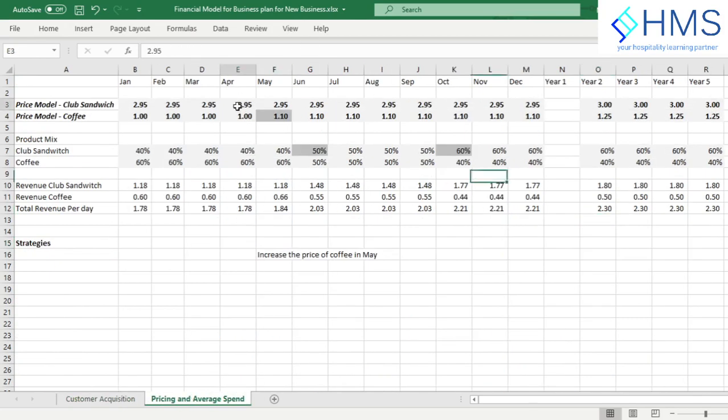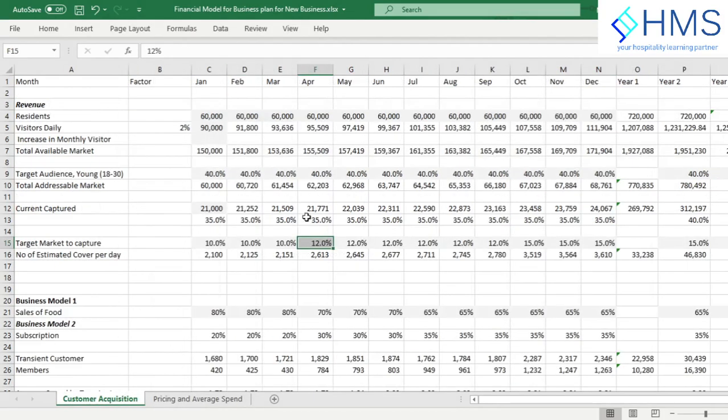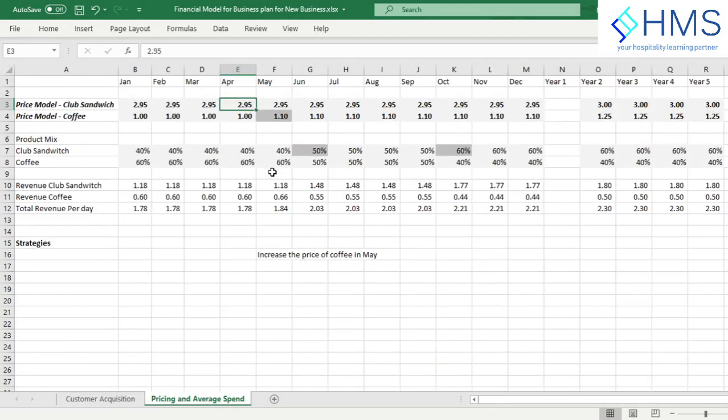So in April, if we are going to increase our market share and our strategy is to reduce the price, meaning giving higher discounts, then we may have to factor that in here and say, okay, maybe our achieved price would be only 2.75 and maybe 0.9, right? That's the way that we can build it up.